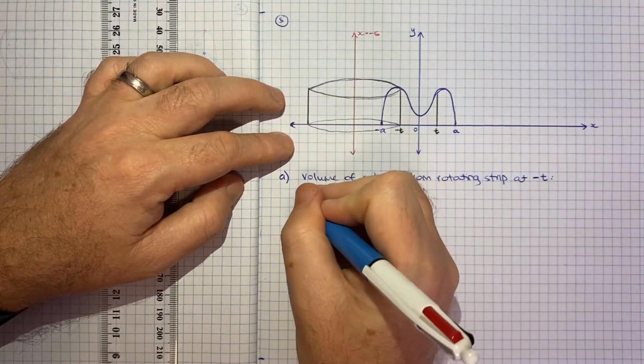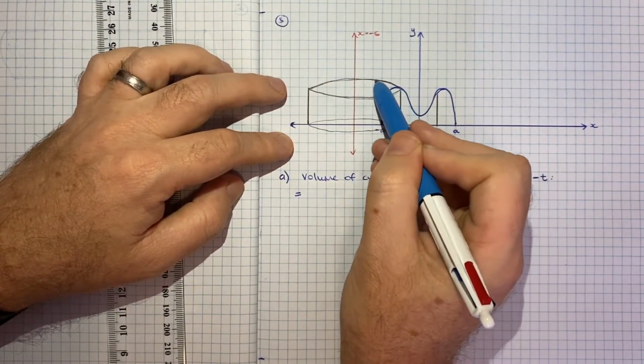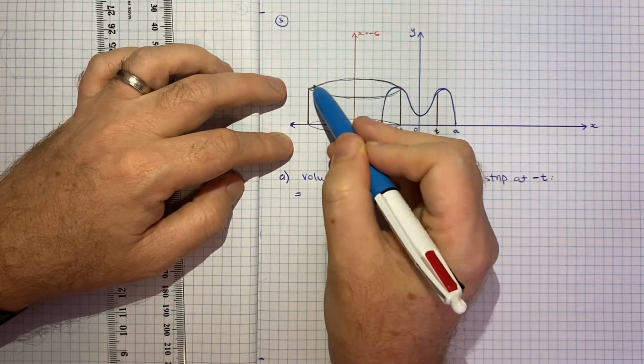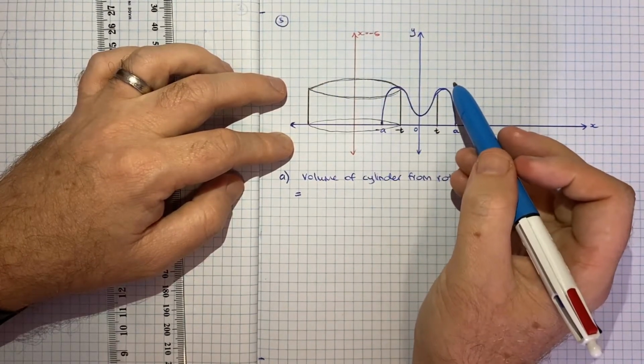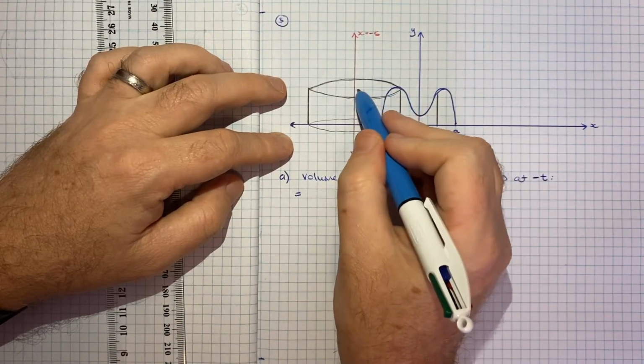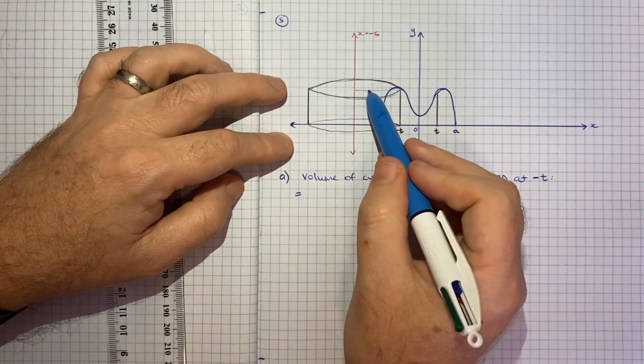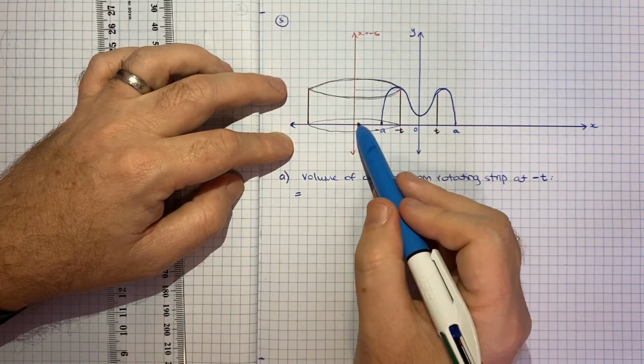Well, what's the circumference of this circle going to be? Well, it's going to be 2 pi times the radius. And what's this radius? Well, the value here is basically negative s.